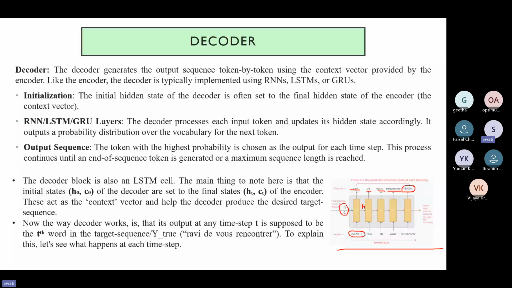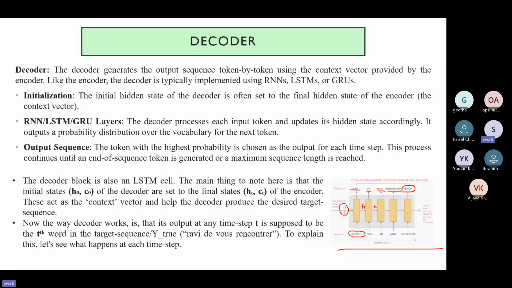Then again, it will update the hidden state. This hidden state will go to the next LSTM. It will take this output from the previous timestamp and also the hidden state and give you some output. In this way, this sequence goes on.